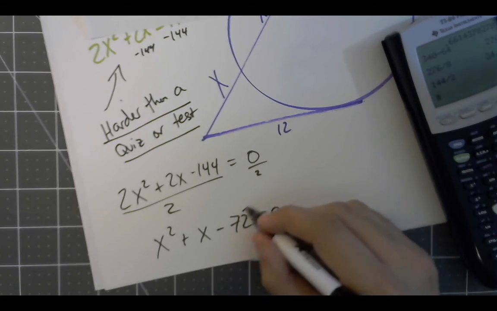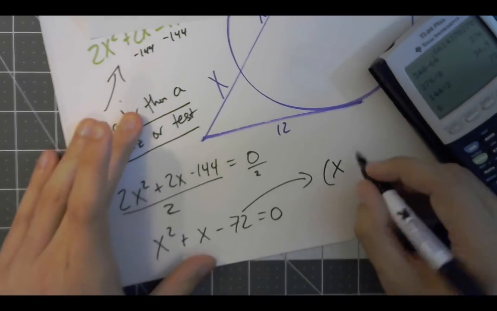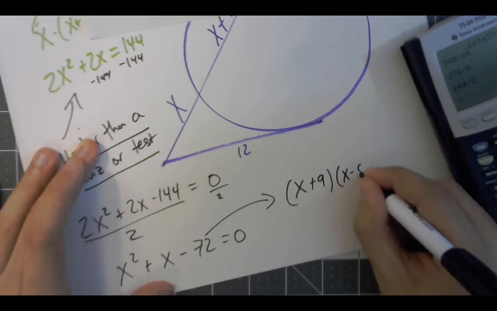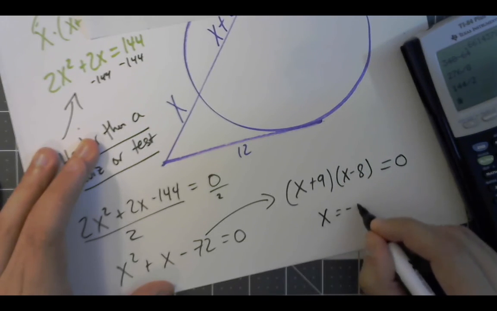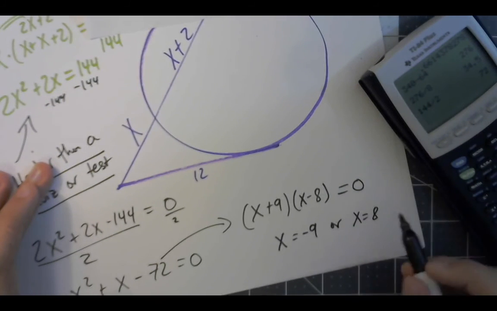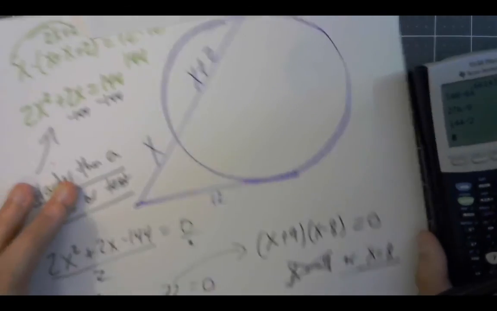If you remember your factoring from long ago, that's going to break off into x plus 9 and then x minus 8 equals 0. So x is going to equal negative 9 or x equals 8. It can't be a negative number, so we don't want that. So x is going to equal 8.